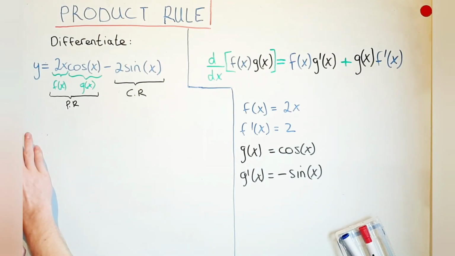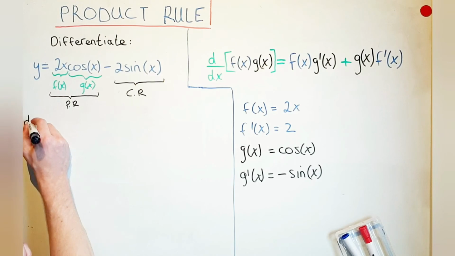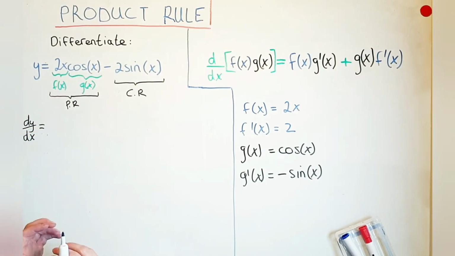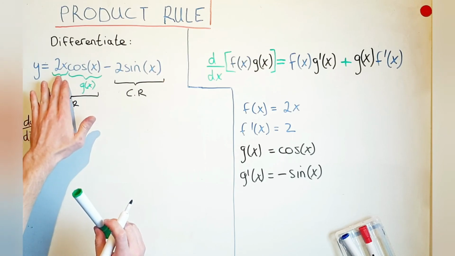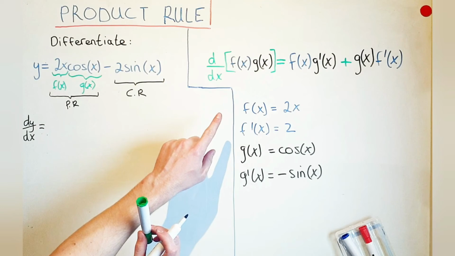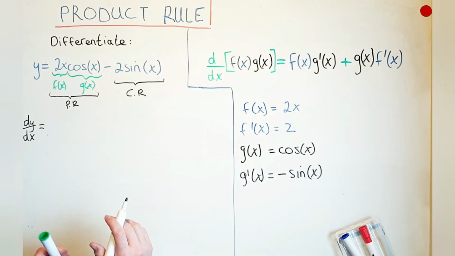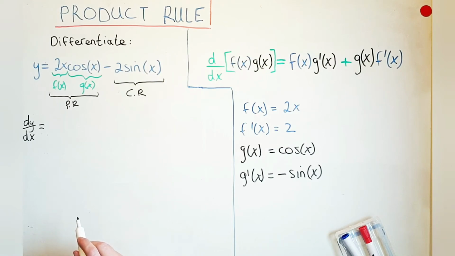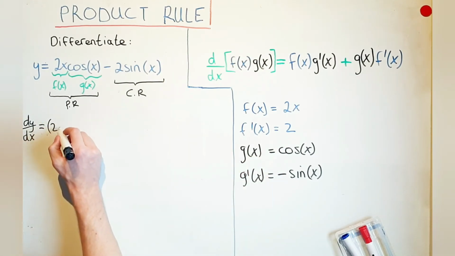So how we're going to do this is we're just going to go straight in with our dy dx, and that's going to be equal to. So we need to differentiate this expression using the product rule. So the product rule is given over here. That means our first component we need to write down is our f of x, which we have seen over here to be 2x.